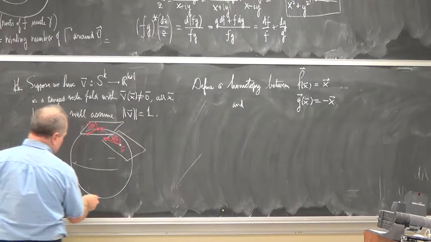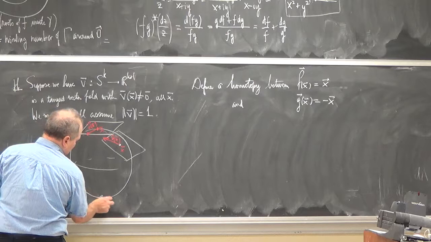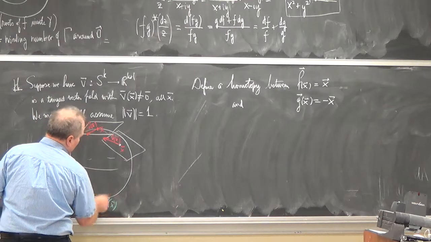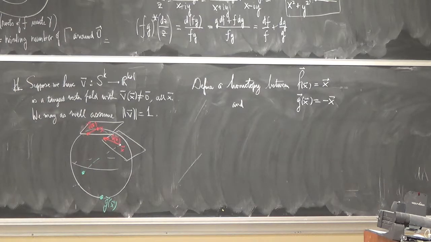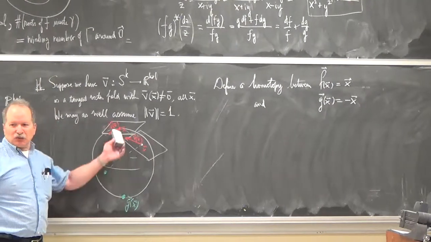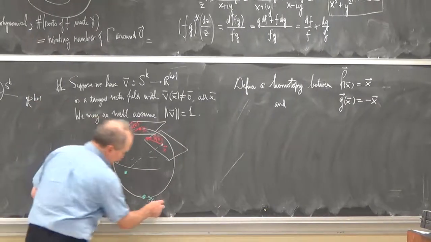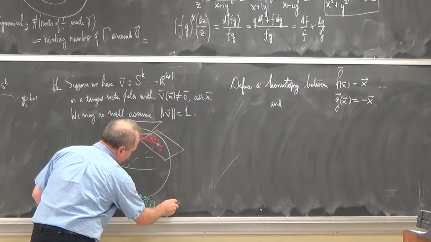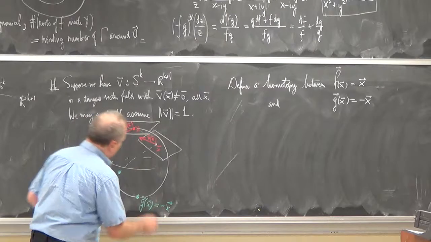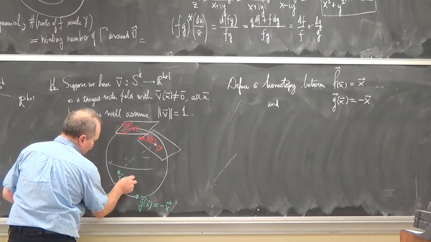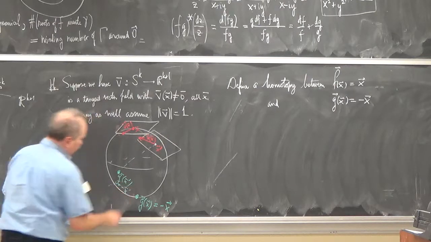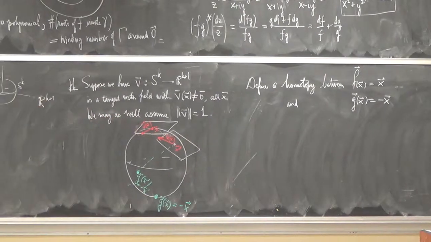So if this is the x, g of it is back behind the sphere over there. These are usually called antipodal points. So if this is x prime here, then g of x prime would be back behind the sphere.